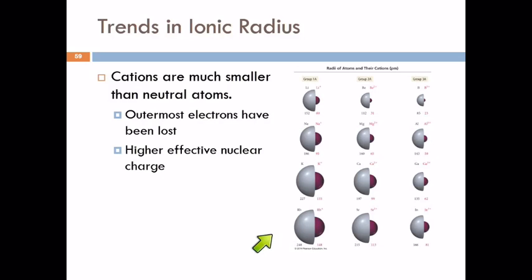What's happening here is that we're taking off that outermost layer, and we have a higher effective nuclear charge because we lost the valence electrons. And so the new valence electrons are part of the previous core, and so the effective nuclear charge goes up when that happens. And so we have 2 effects causing the cation to be much smaller than the neutral atom.